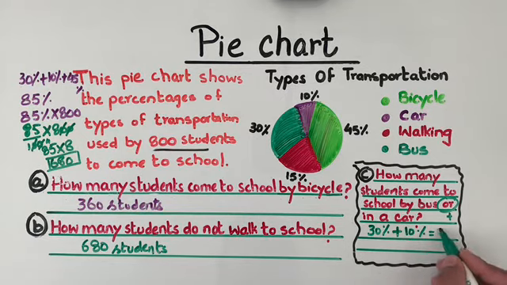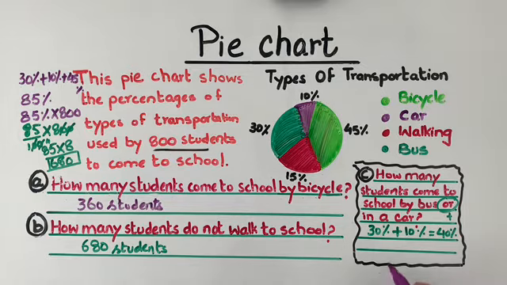30 plus 10 is 40%. So I'm going to add these two. So now we have to find 40% students out of 800 students means how many students come to school by bus or in a car.